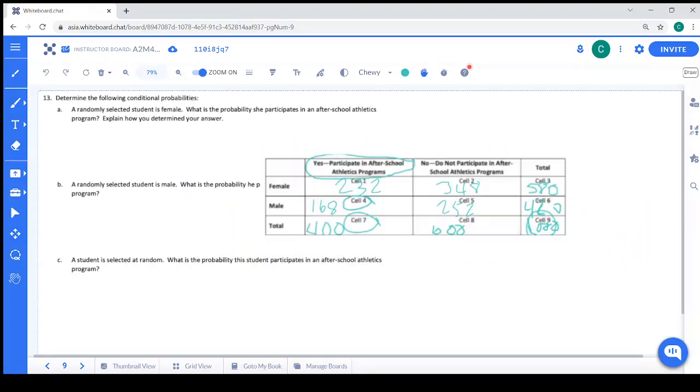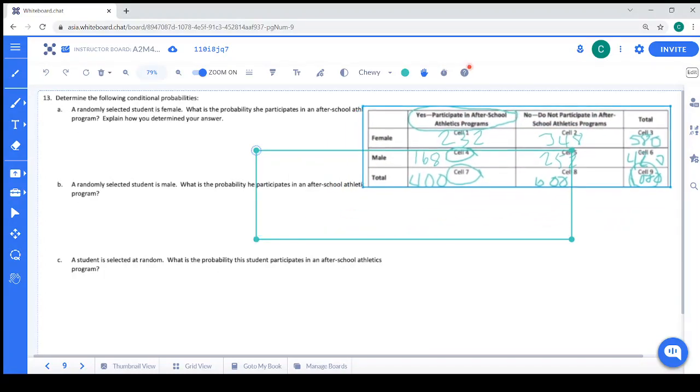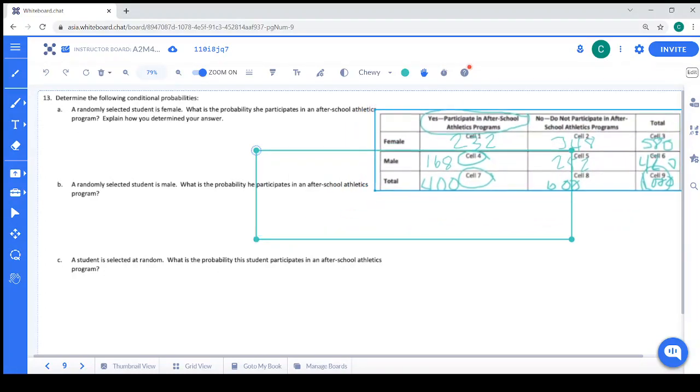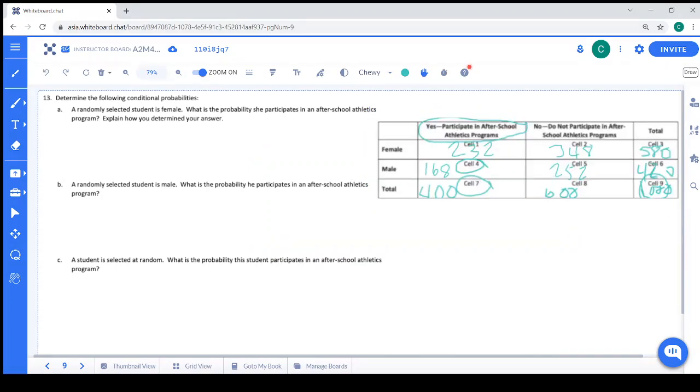Remember, we're only going to be looking at the certain conditions that are presented in the question. Okay, so it wants to know a randomly selected student. Well, that randomly selected tells you that it's going to be out of cell 3, which is 580. Okay, whatever else they're talking about is going to be based out of cell 3.